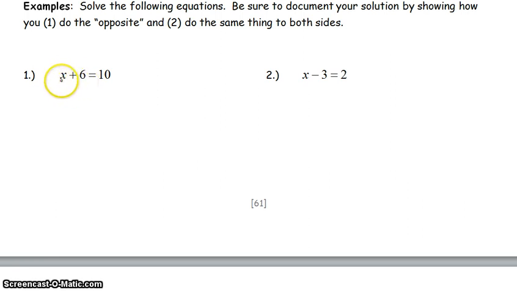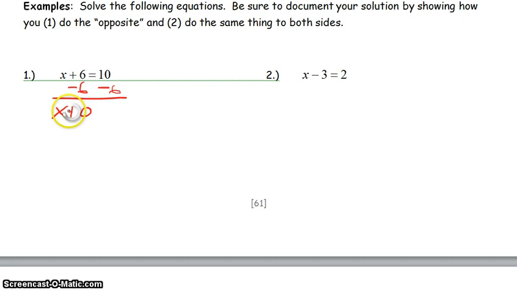First, we have this 6 added to the x. So we have to take its opposite to get x by itself. So the opposite of plus 6 is subtract 6. Now we bring down our x. 6 minus 6 is 0.